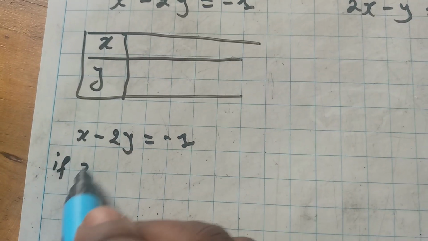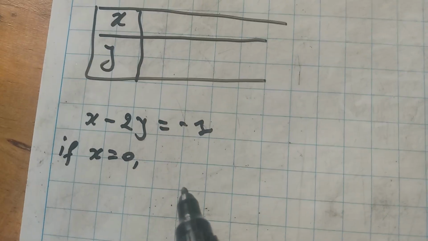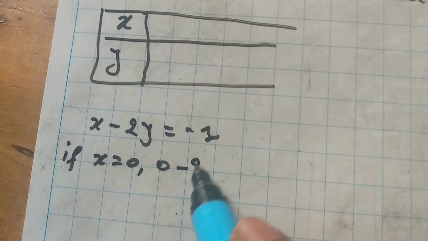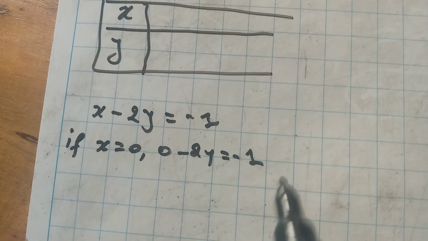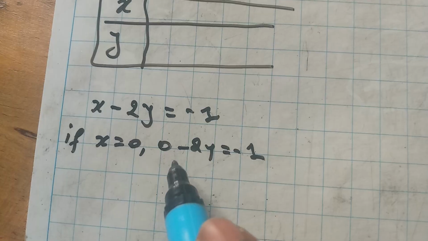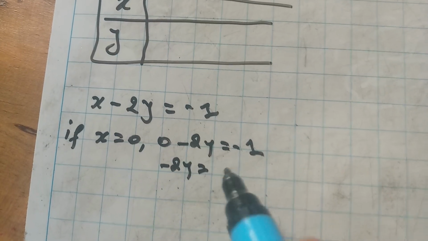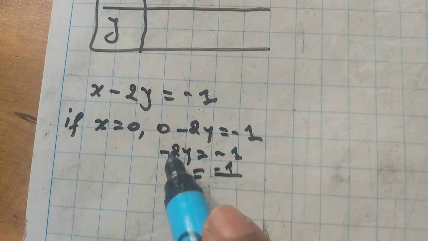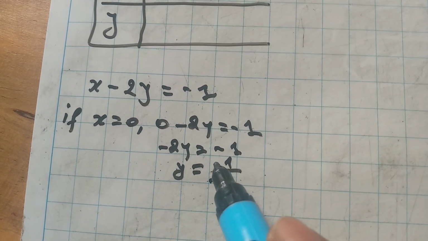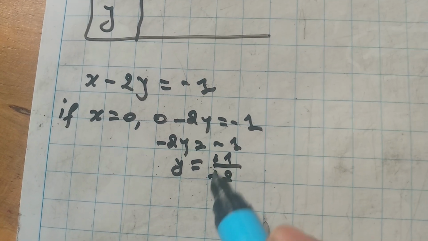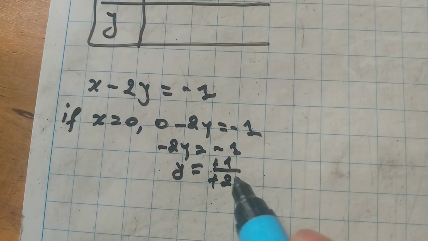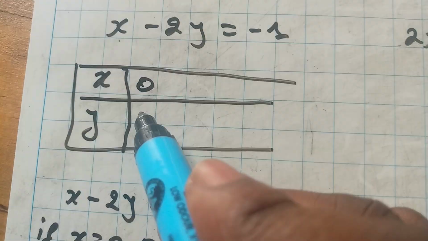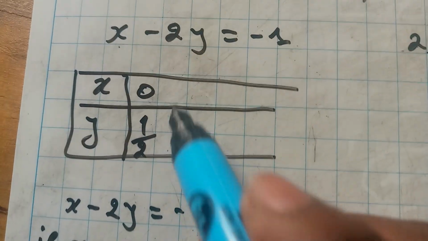If x is equal to 0, we'll have 0 minus 2y equal negative 1, right? Negative 2y will be equal to negative 1, where y will be negative 1 divided by negative 2. The negatives simplify to be positive, so my y is equal to 1 over 2. So if x is equal to 0, my y will be 1 over 2.